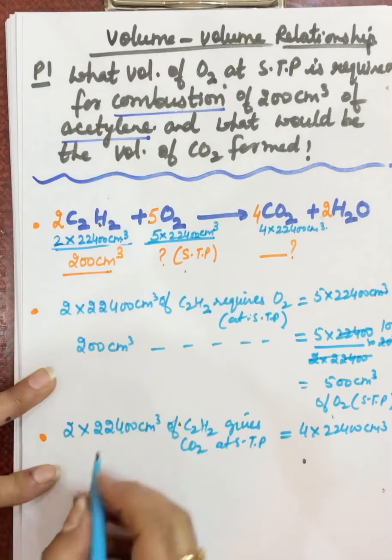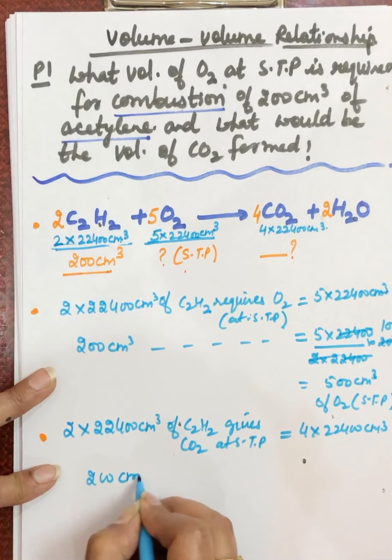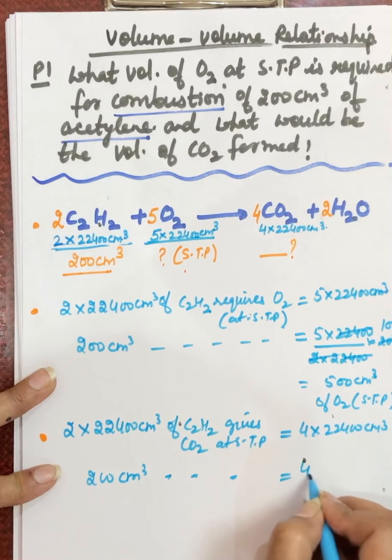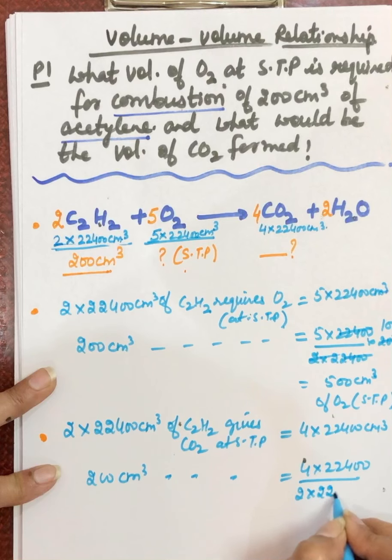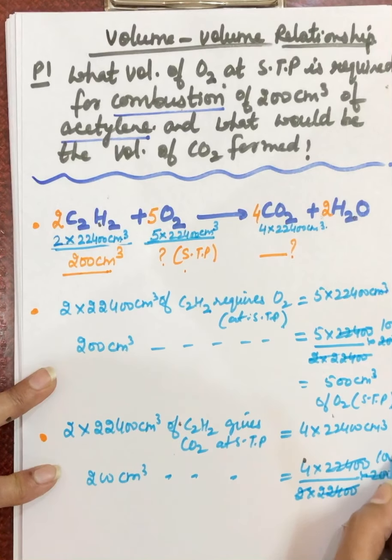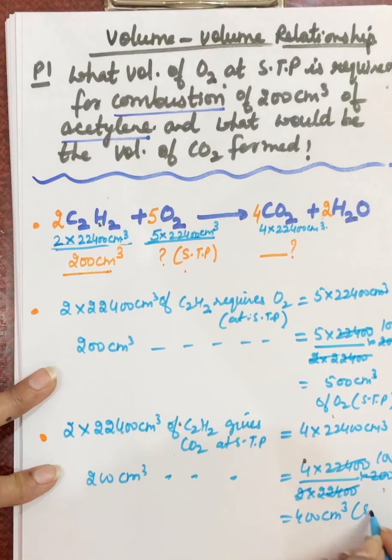And if you take 200 centimeter cube of this, how much CO2 will form? Unitary method. This will come out to be equal to 400 centimeter cube at STP.